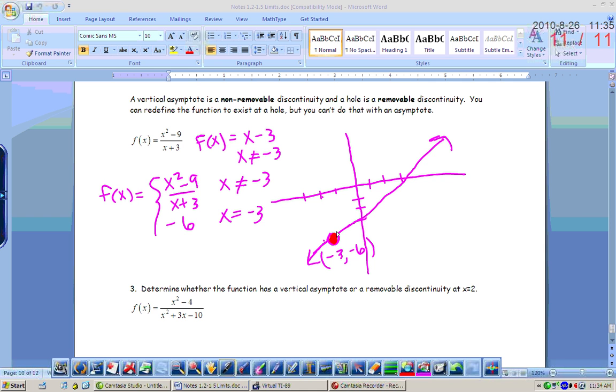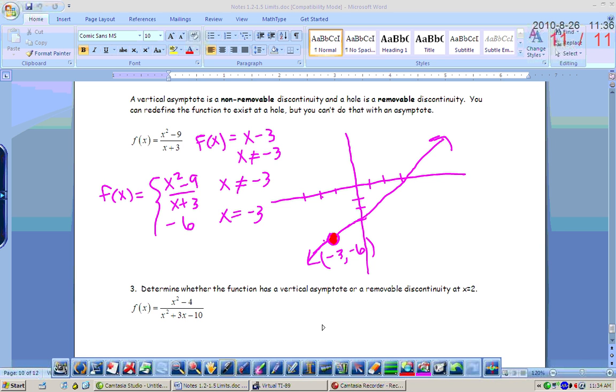So now I can just fill in the hole, and I no longer have a discontinuity. I've removed it. So the reason it's called a removable discontinuity is you can redefine the function to exist at that hole using a piecewise function.